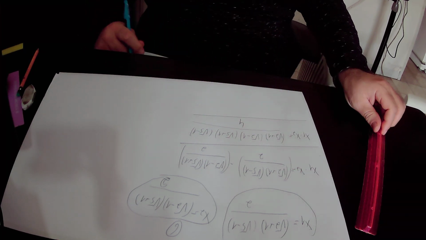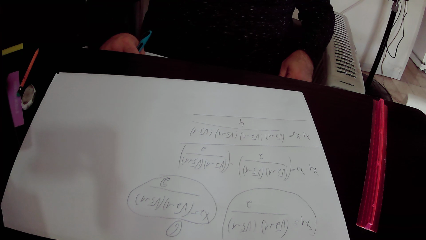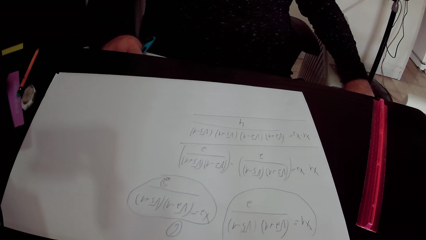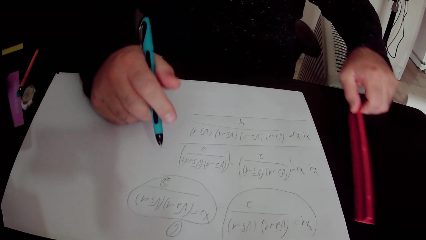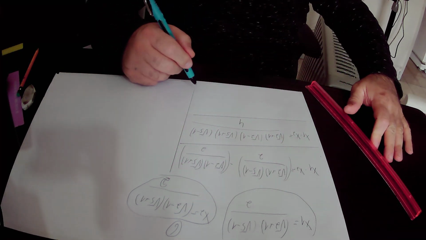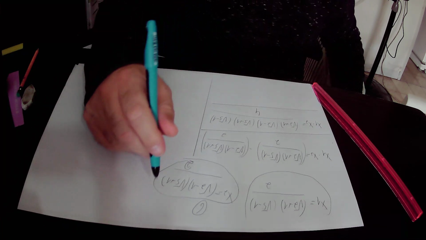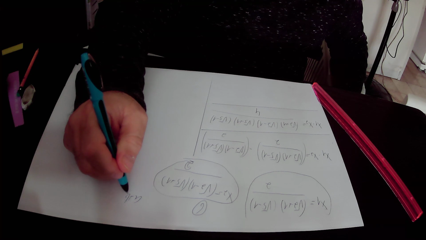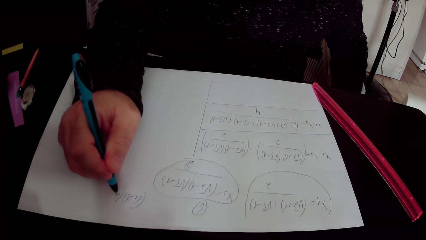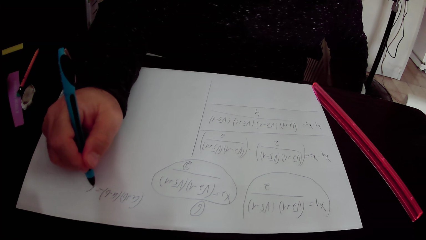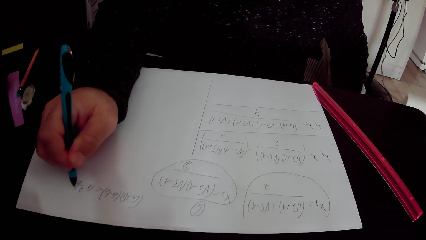So we have square root of 2 plus 1 times square root of 2 minus 1 times square root of 5 plus 1 times square root of 5 minus 1. We'll use the algebraic identity that states that a plus b times a minus b equals a squared minus b squared.